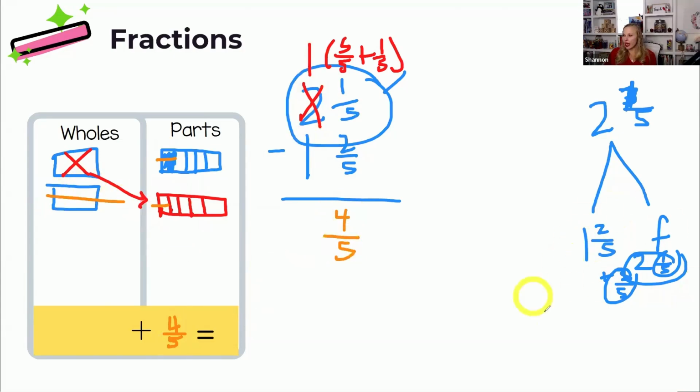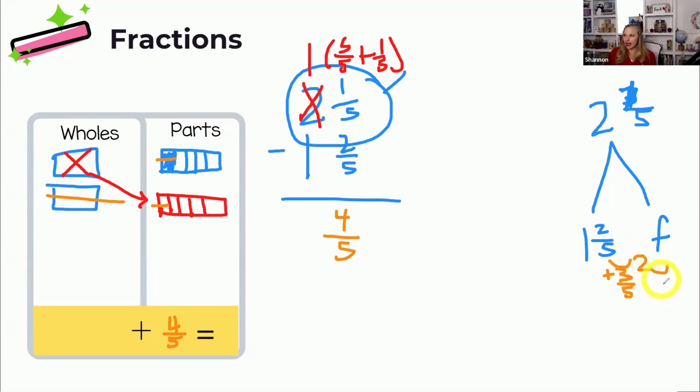So if I look over here, I have 1 and 2/5. Yes, 1 and 2/5, and I have to count up to get to 2 1/5. That's why earlier my example was not working in my favor. Lots of extra work there. Now I have 1 and 2/5, and I had to add 3/5 to get to 2.